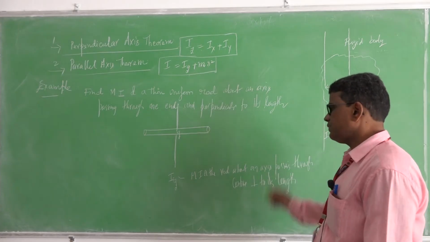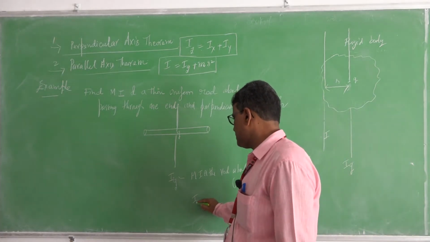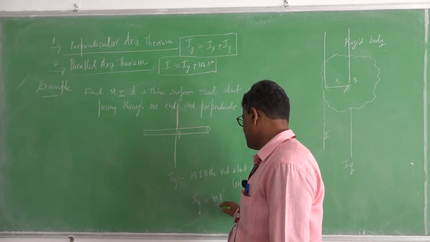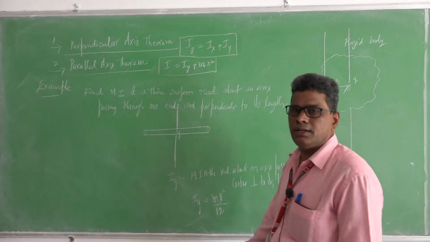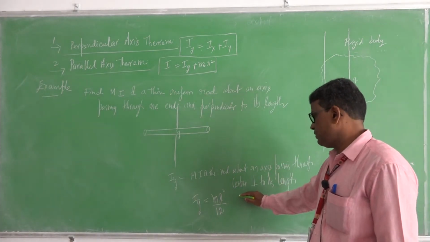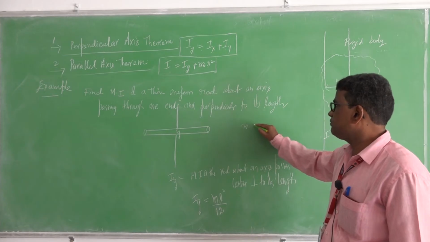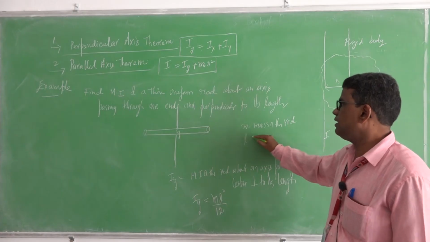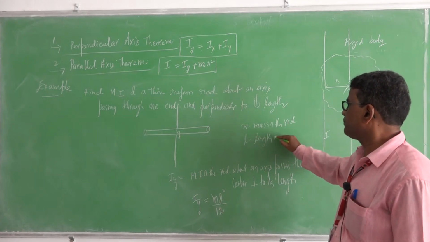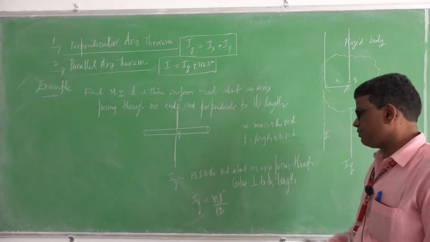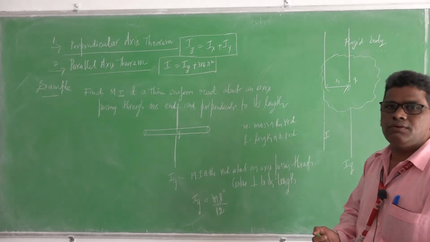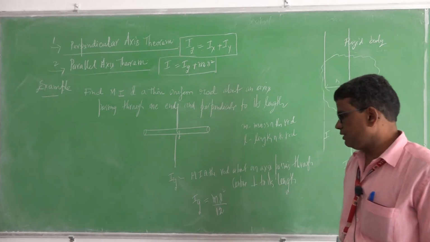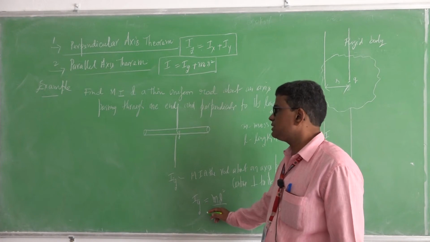We already got this: Iz is equal to ml square by 12, where m is the mass of the rod and L is the length of the rod. I derived this already in the previous class. Now I am using this.